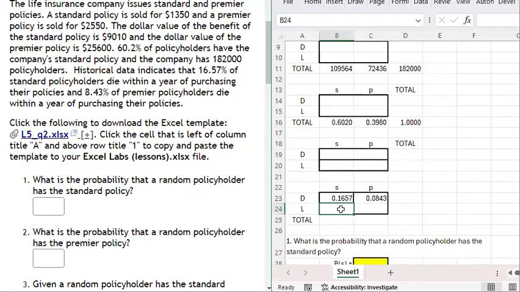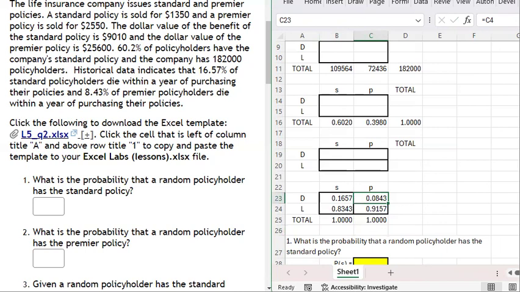So do we know this value? Yeah, we know that these two are going to add up to 1. So this value here is just the difference between this 1 and that value. And then this probability here is just the difference between 1 and that value, right?